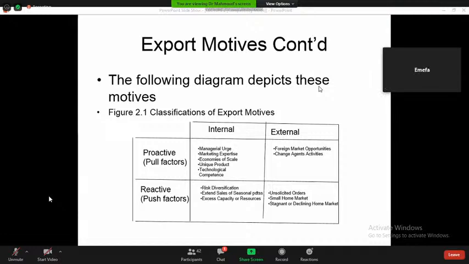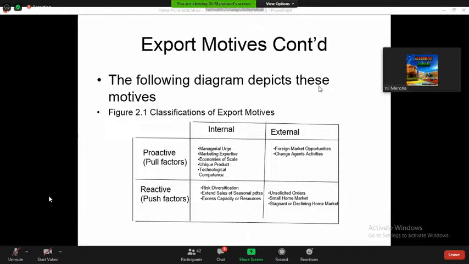Now, the second one, a question there? Yes, go ahead. With the unsolicited orders, is it necessarily not you making any effort to exploit the international market?